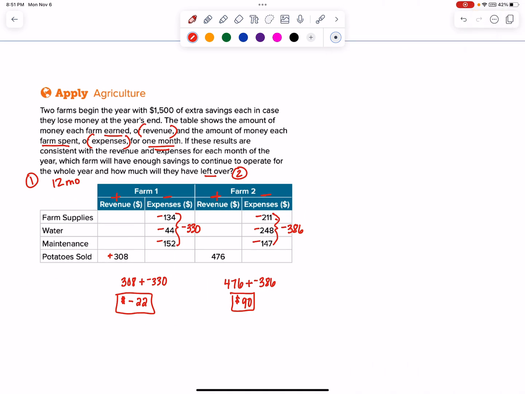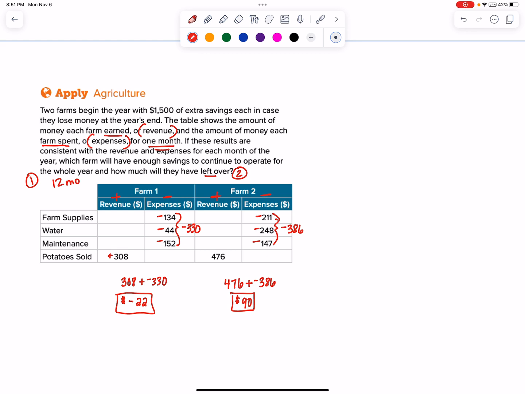Okay. Now farm 1 and farm 2, there's our remaining amounts after all revenues and expenses. It says which farm will have enough savings to continue to operate for the whole year and how much will they have left over. So they both, remember, began the year with $1,500 savings, but we need to realize a couple things here. So let's slow down for a second.